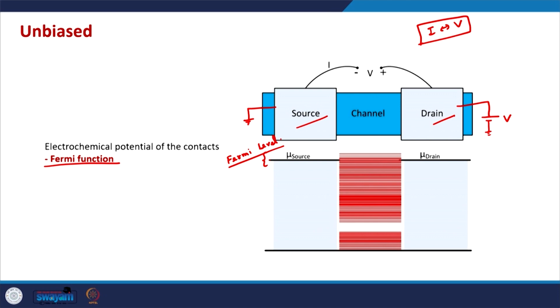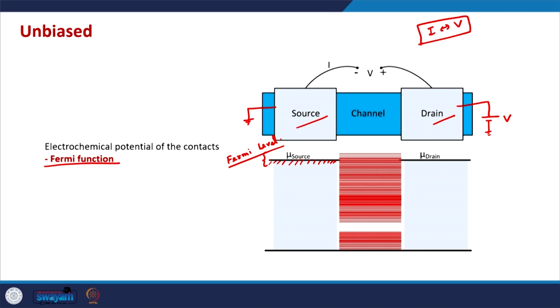So, in source and drain contacts, all the electronic states below the Fermi level are filled, generally at T equal to 0 temperature. Above T equal to 0 temperature, some of these electrons can go to higher energy states as well.